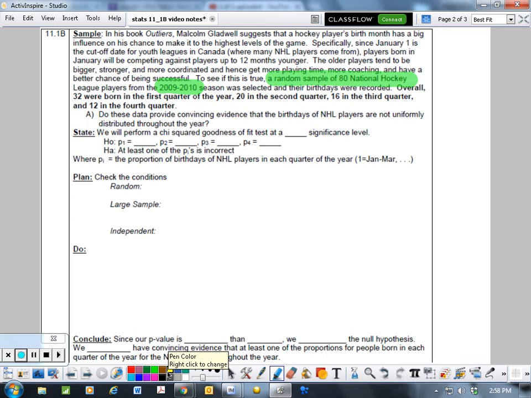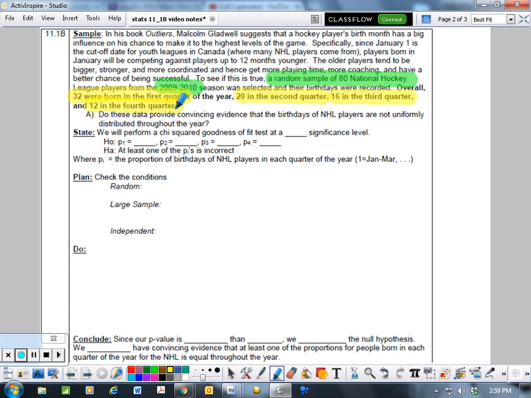Overall, 32 were born in the first quarter, the first 3 months of the year, 20 were born in the second quarter, 16 were born in the third quarter, and 12 were born in the fourth quarter. Just because we didn't want to deal with 12 categories, we broke the year up by quarter, into fourths, which is 3 months each.